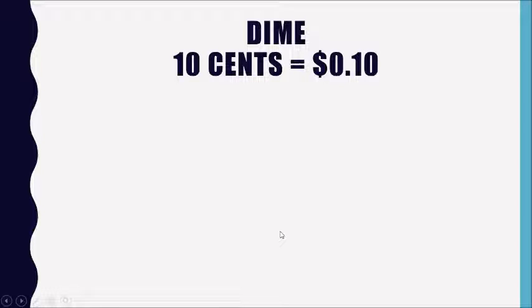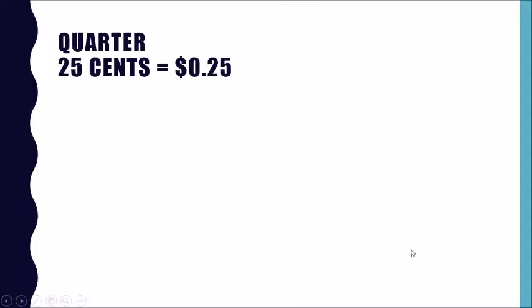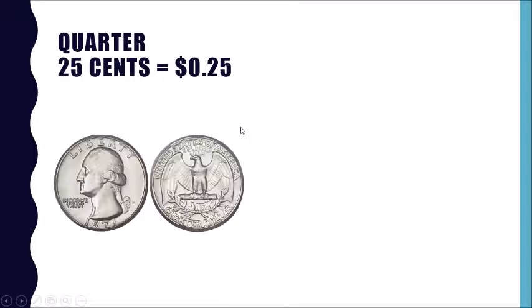A dime is worth 10 cents or $0.10. Take a look at the dime. A quarter is worth 25 cents or $0.25.